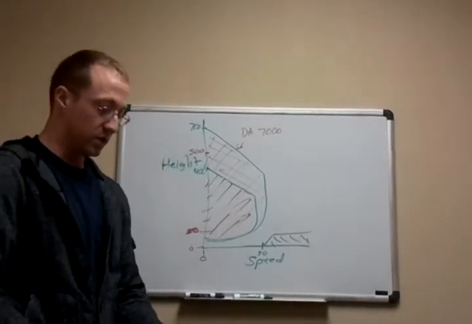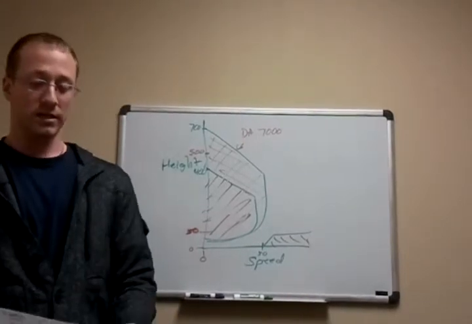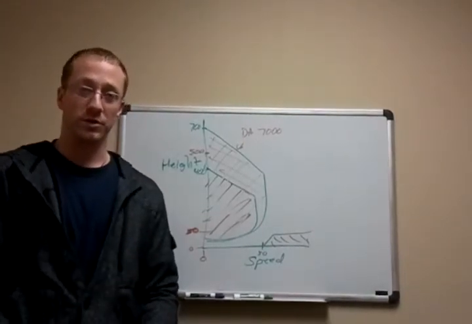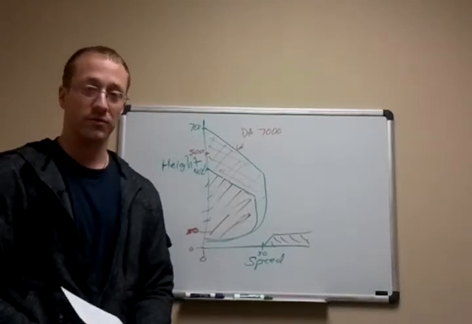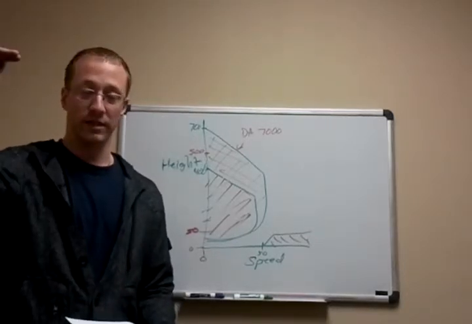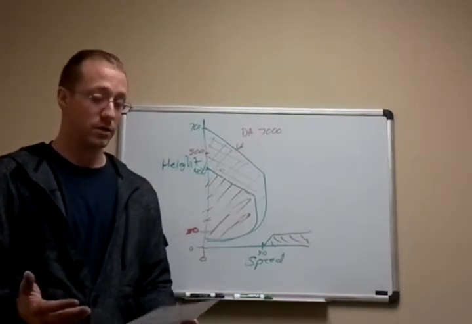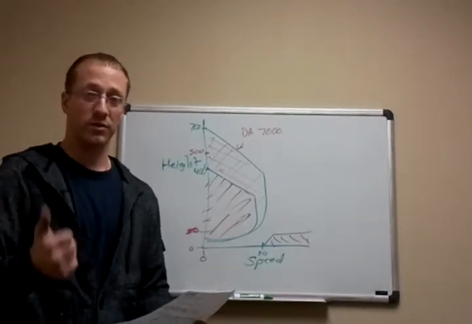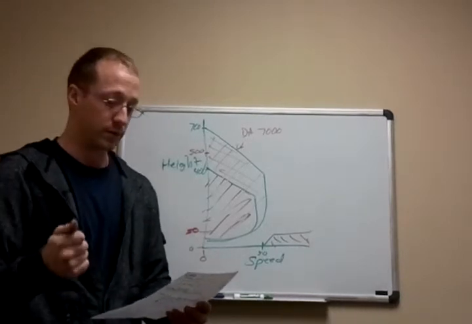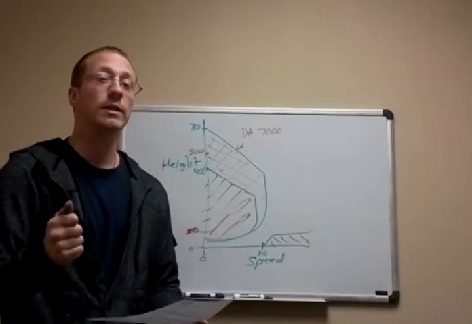So, coming into the conclusion for today's lesson, you have your performance charts, which are used to find your in-ground effect and out-of-ground effect hover ceilings for a given weight and temperature. You have your informational placards spread throughout the helicopter, giving you certain pertinent information.